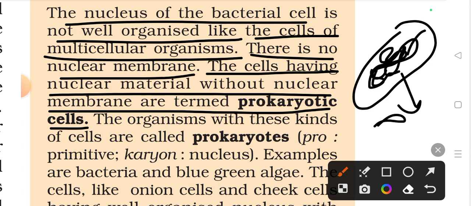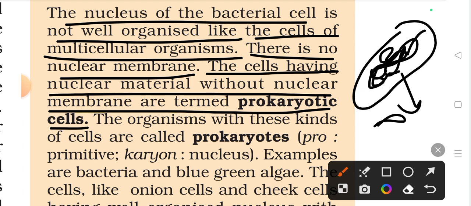But here the nucleus is not there. Inside the nucleus we find chromosomes, but here the chromosome is directly in the cytoplasm. Isn't it quite interesting? So this is a prokaryotic cell, and mostly prokaryotic cells are found in unicellular organisms, not multicellular.